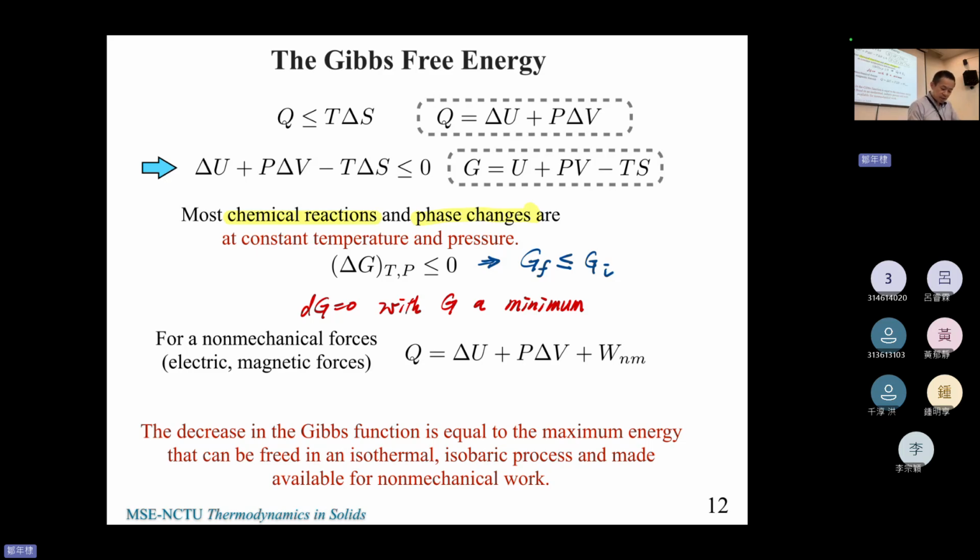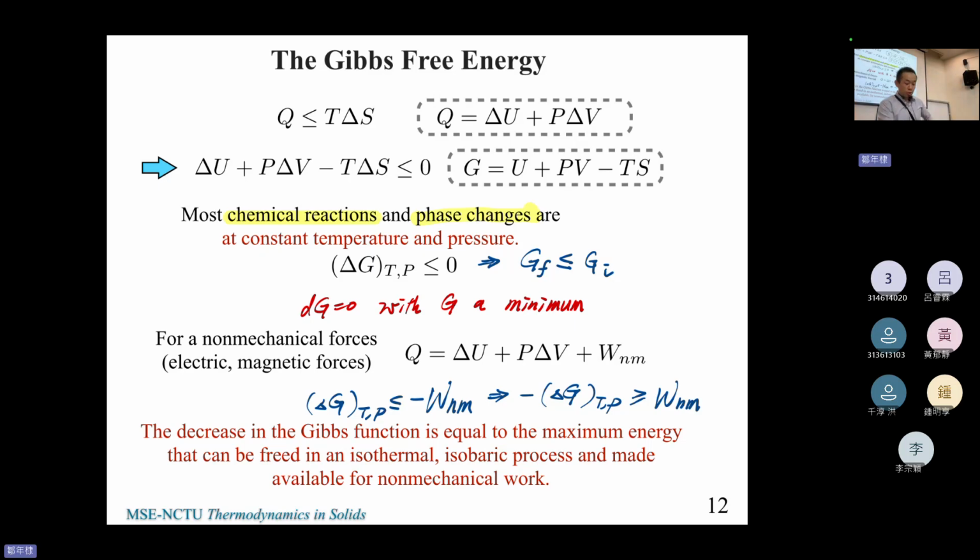So in this case, we need to add an extra term, which is called W, non-mechanical, W_nm. So delta G at constant T and P is less than or equal to minus W_nm. Okay, so minus delta G at T, P is greater than or equal to W_nm.